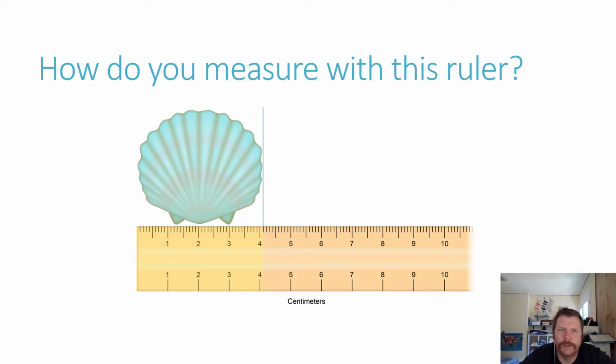How can you make this measurement, or how accurate can you be with this measurement? If you look at the two sides of this ruler, well, I guess this would be a meter stick, you've got centimeters on both sides. So we've got 1 centimeter, 2 centimeters, 3, 4, 5.